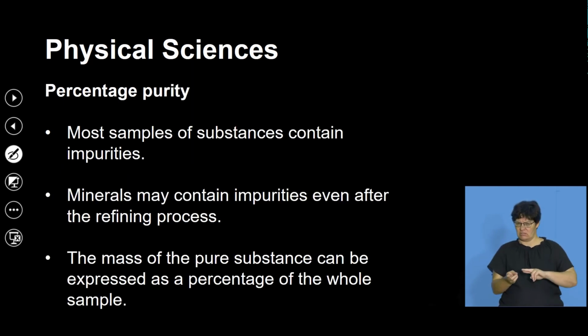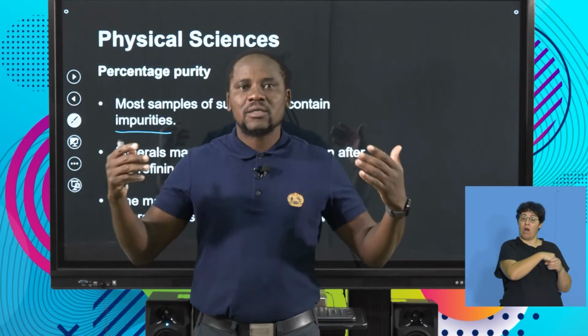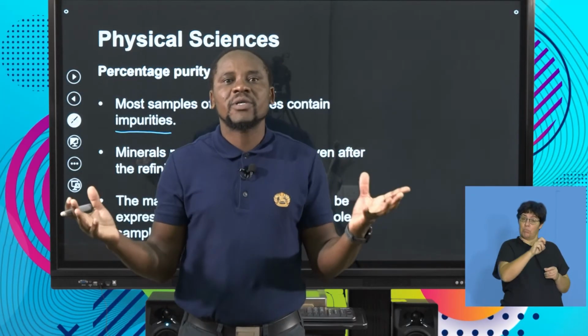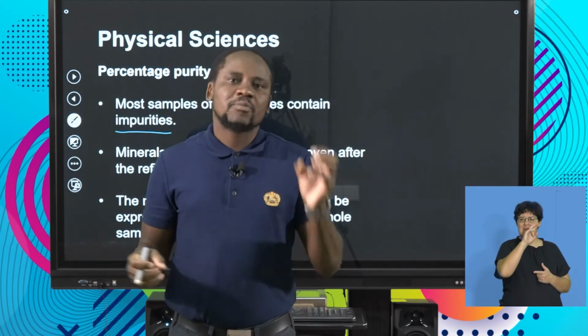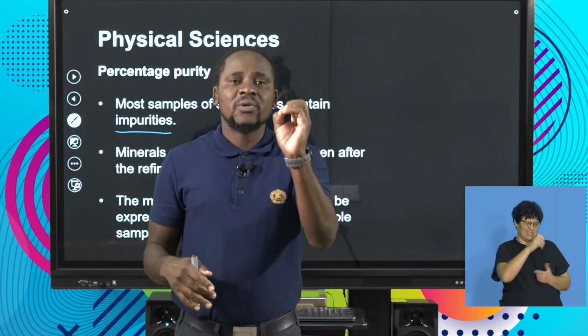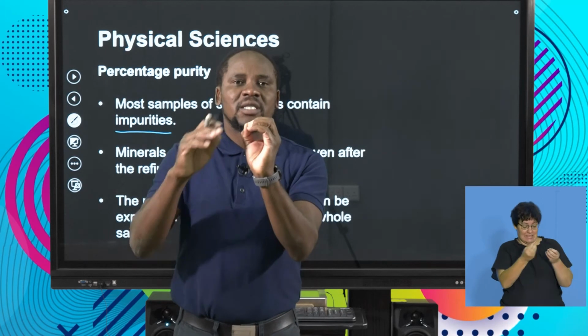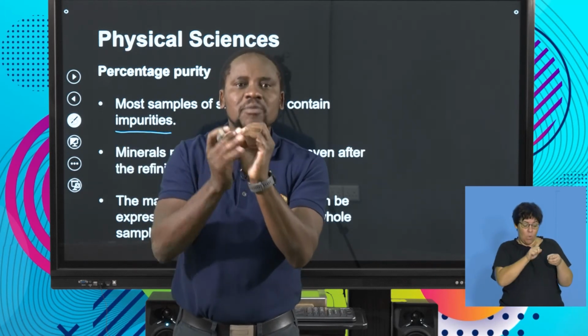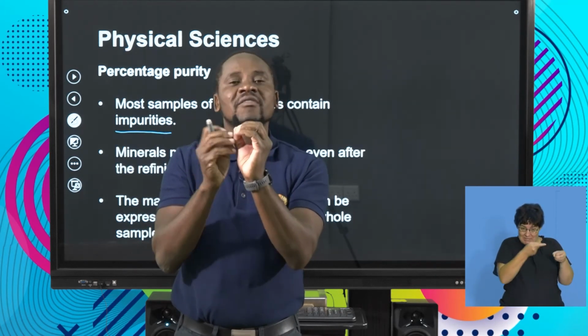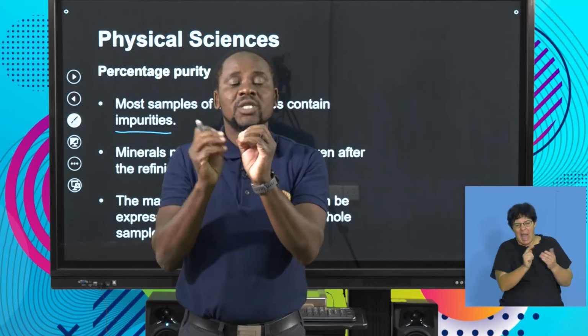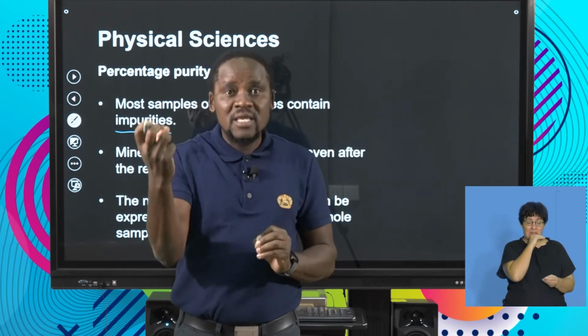Okay, so we know that most samples of substances contain impurities. Now, if you ask yourself the most important question, what are impurities? Suppose you've got a substance, when you find it in the manner in which it occurs, it's not 100% pure substance. It may have some other substances which are not exactly the main substance.